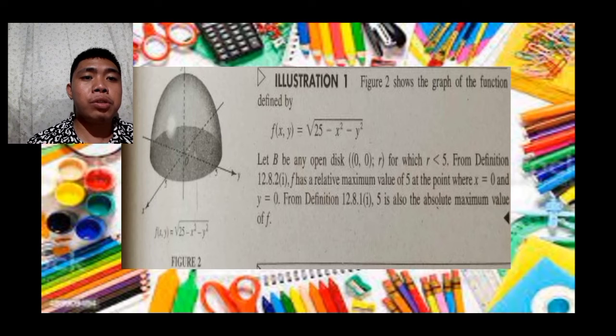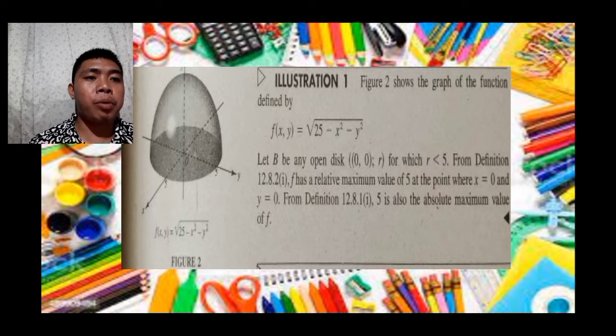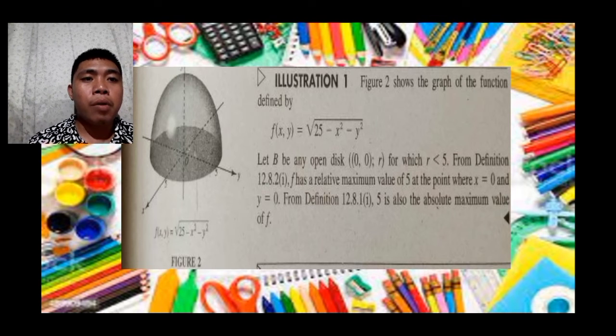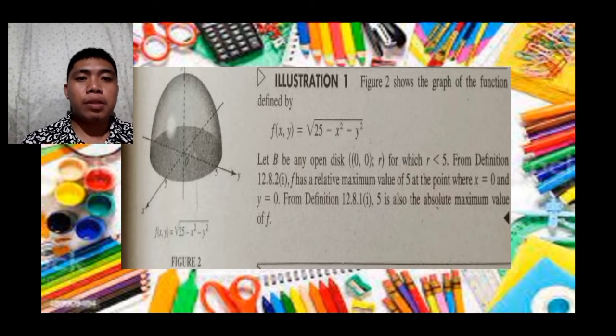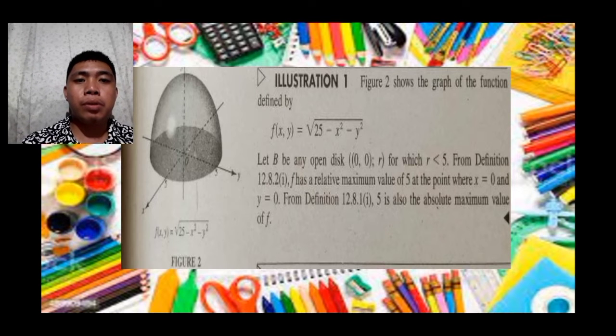By definition 12.8.2, f has a relative maximum value of 5 at the point where x equals 0 and y equals 0. From definition 12.8.1, 5 is also the absolute maximum value of f. So look at the graph of Figure 2 on the left side. So that's the graph of Figure number 2.